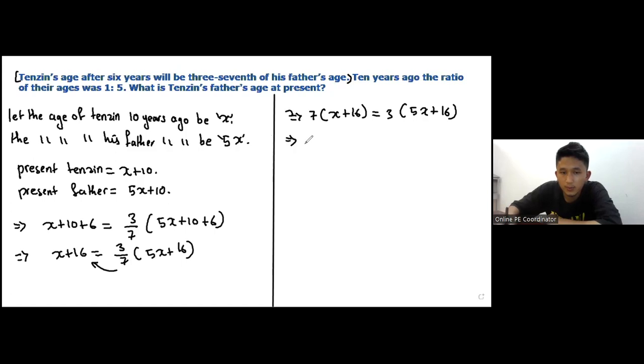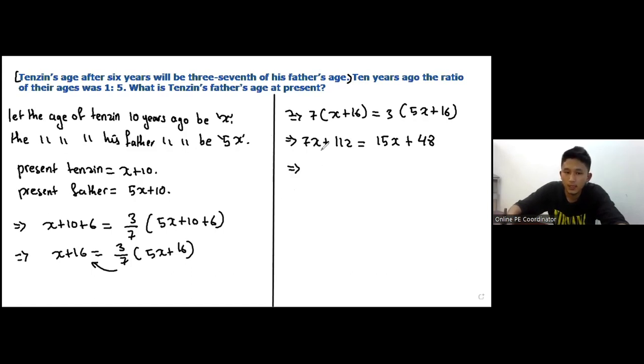Multiplying, we get 7x plus 112 is equal to 15x plus 48, since 16 times 7 is 112 and 16 times 3 is 48.